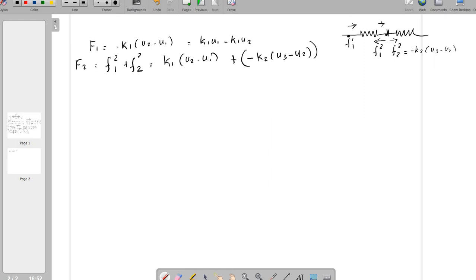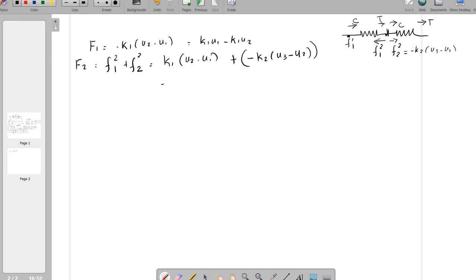At the same time, for the second element at node 2 it is a compression force, at node 3 it is a tensile force. So F2 of 2 is minus K2 (U3 minus U2).